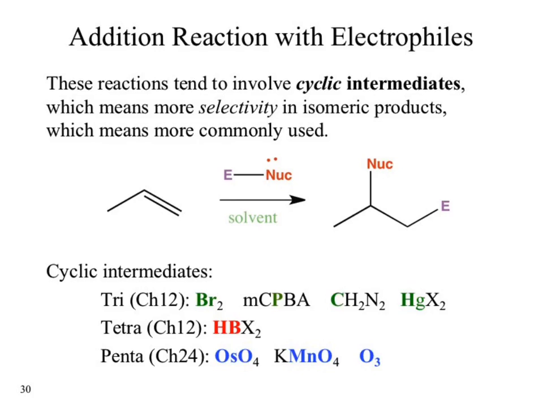So number one, all of those react with alkenes, and in some cases alkynes. We have to be familiar with that so that we know what to expect. An alkene is going to supply how many members of our cyclic intermediate? When we look at an alkene, it has pi electrons located between 2 carbons.